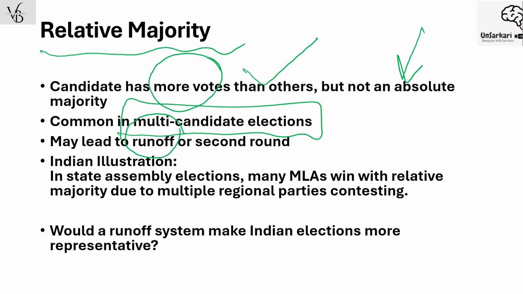In state assembly elections, many MLAs win with a relative majority due to multiple regional parties contesting. So there is a system in which a candidate gets more votes than others, but it is not an absolute majority.